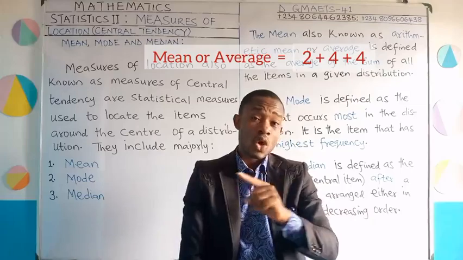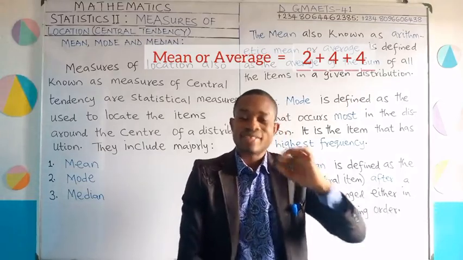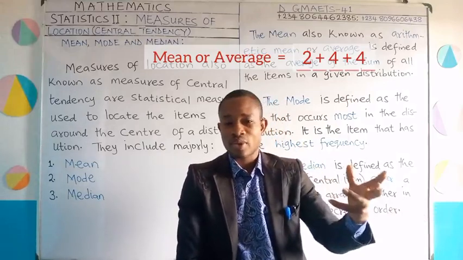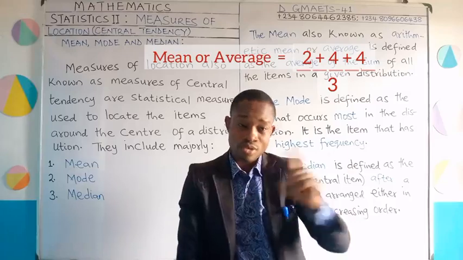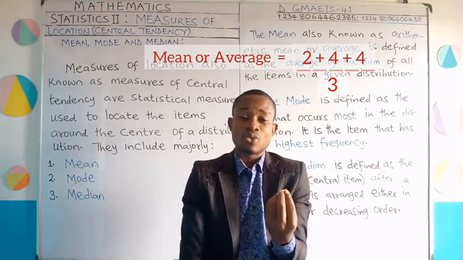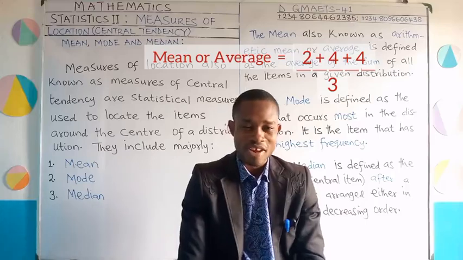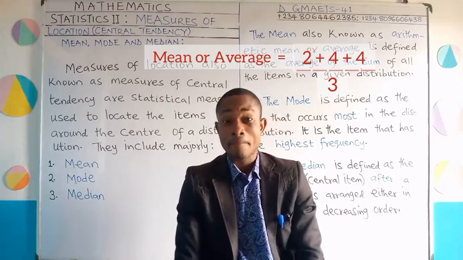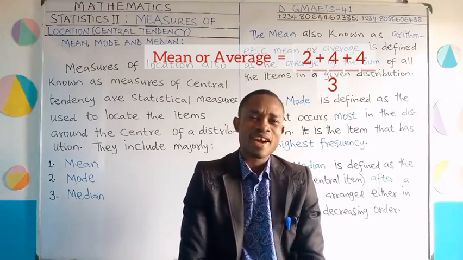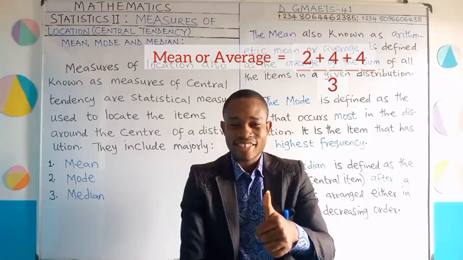You have gotten the sum by adding, then divide by the number of the items. How many items are we? 3. Me, you, and the third person. So there are 3 items. So when you add our values, 2 plus 4 plus 4, divided by 3, you have gotten the average. You've gotten the mean. You have gotten the arithmetic mean. You understand that, right? Good.